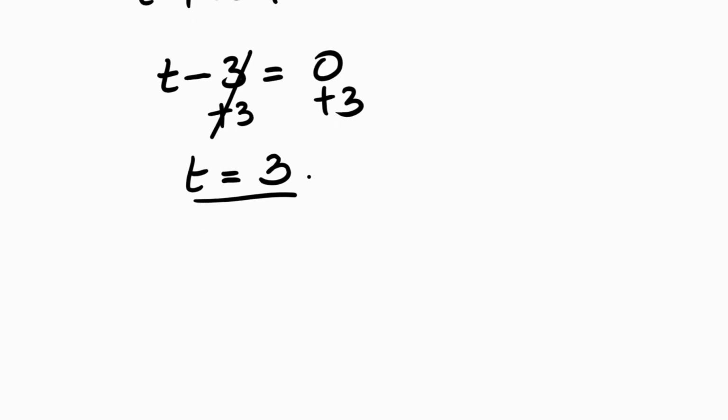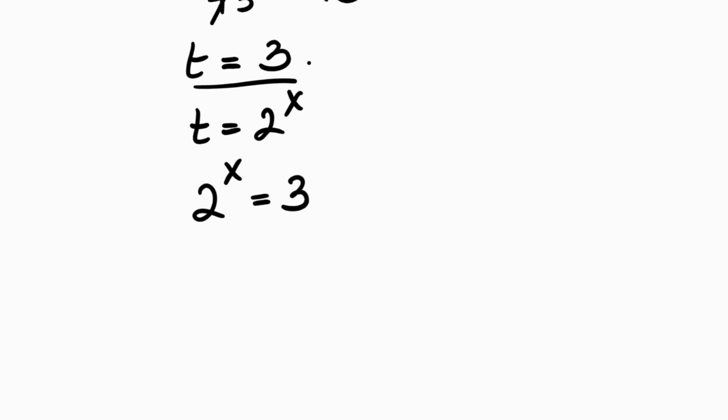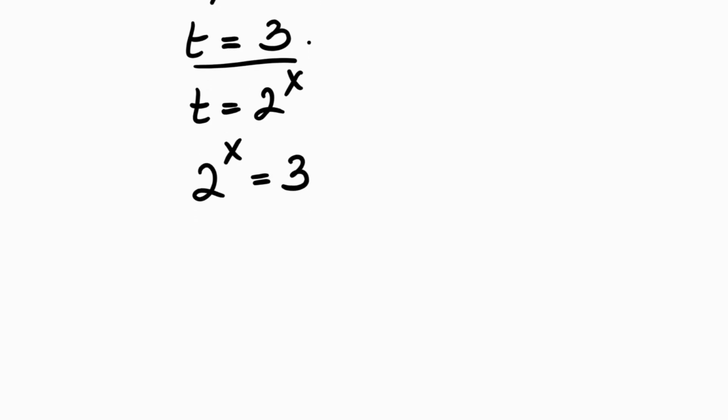But if we recall that our t is equal to 2 raised to the power x, right? So now what we have is 2 raised to the power x equals 3. Now to find the value of x, we need to apply log to both sides. So now what we have is log of 2 raised to the power x equals log of 3.